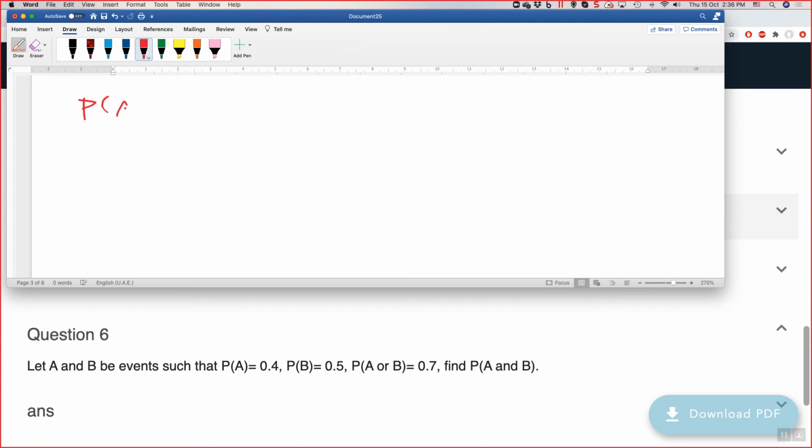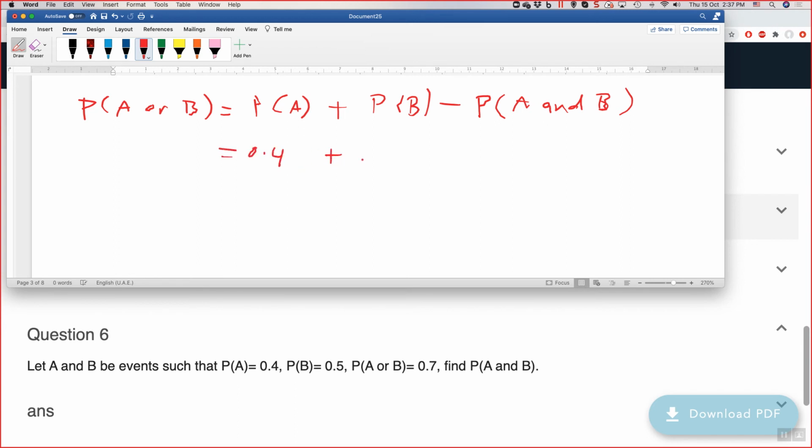We know the probability of A or B is equal to the probability of A, plus the probability of B minus the probability of A and B. So in this case, what is given is the probability of A itself, which is 0.4, the probability of B itself, which is 0.5, the probability of the OR is given as well, which is here 0.7, and now I need the probability of A and B.